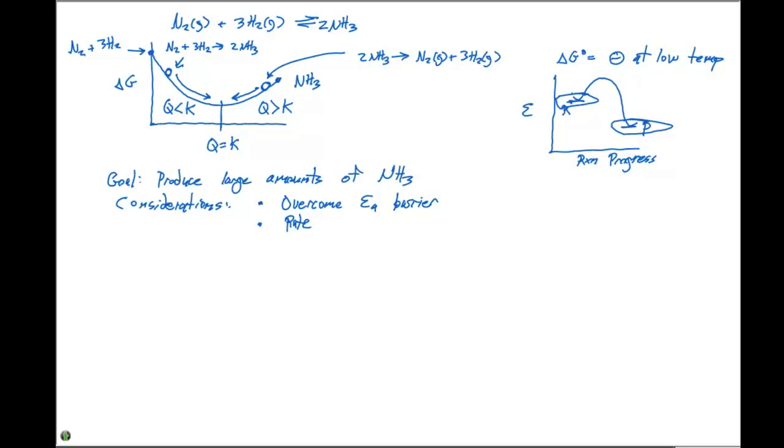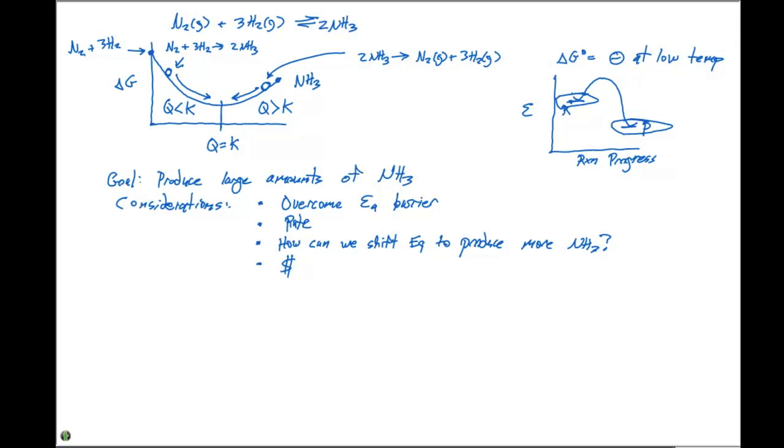Another thing we need to think about is how we can shift the equilibrium to produce more NH3. And the last thing that we always need to think about, especially if we're in business, is money. One thing a businessman will tell you is that money is equal to time.